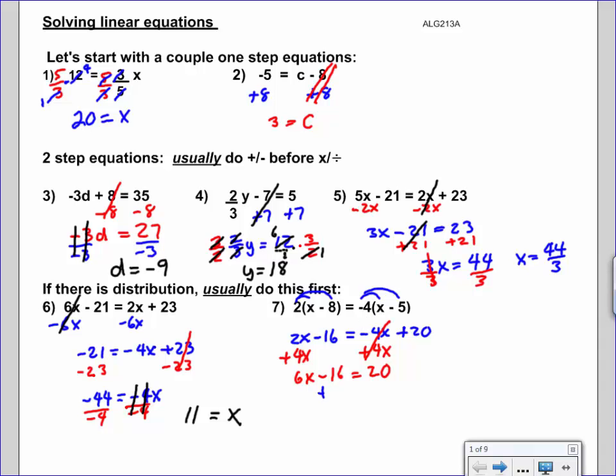Add 16, add 16, and we have 6x equals 36. Now you're down to one step, and all you have to do is divide by 6, divide by 6, and you have your answer, x equals 6.